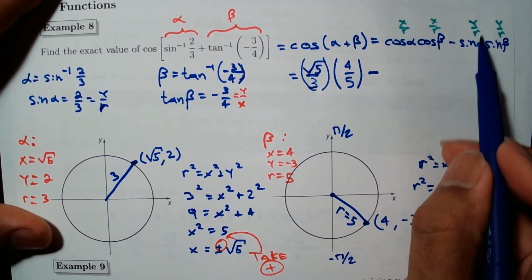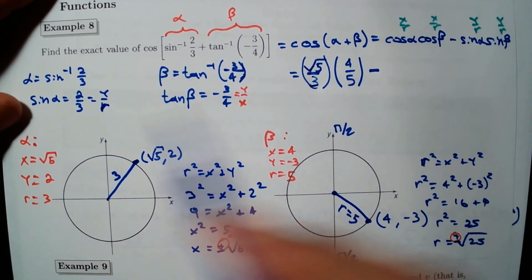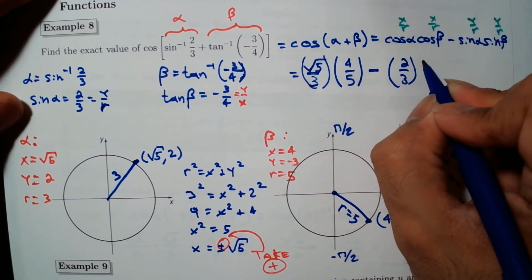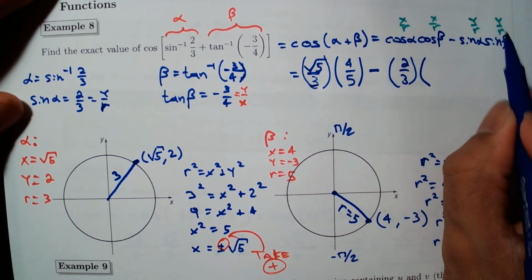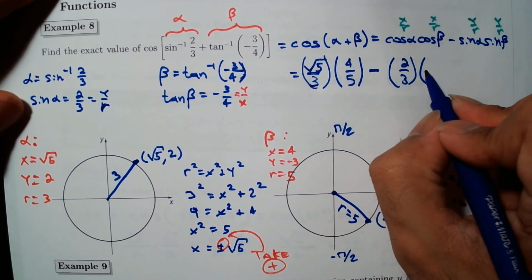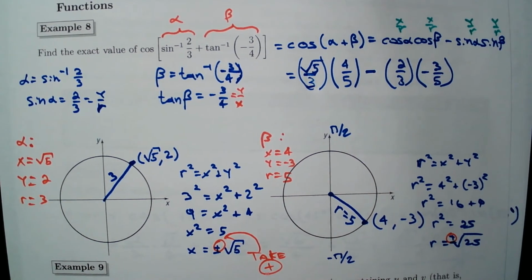Now I'm gonna go with sine alpha. That's y over r for alpha, 2 over 3. And y over r for beta, negative 3 over 5. Okay, all we do is simplify these numbers.